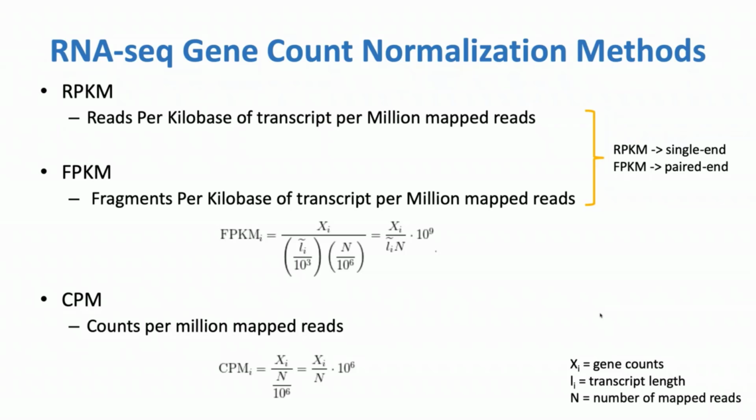So what's the logic behind that? The people who came up with this method realized that genes come in very different lengths. There's a gene called Titin, and I'm not 100% sure how long it is, but I think it has like 100,000 base pairs. It's extremely large.